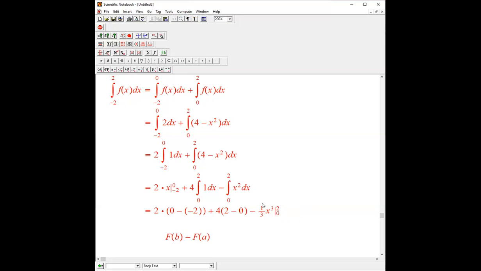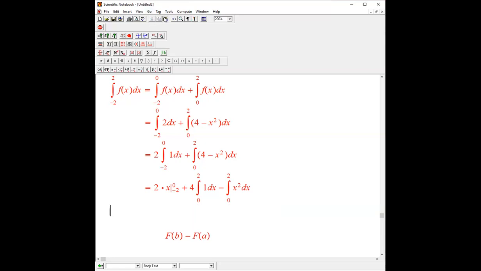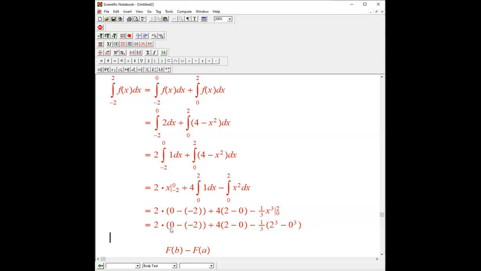So they follow pretty much the same pattern. And here, if you like, you can write it down as such. Over here, this will become 2 to the power 3 minus 0 to the power 3. Some of this work can be simplified here already.